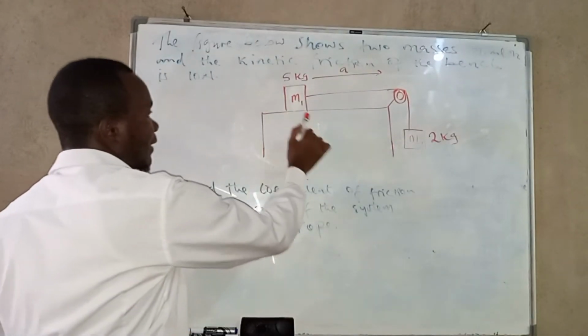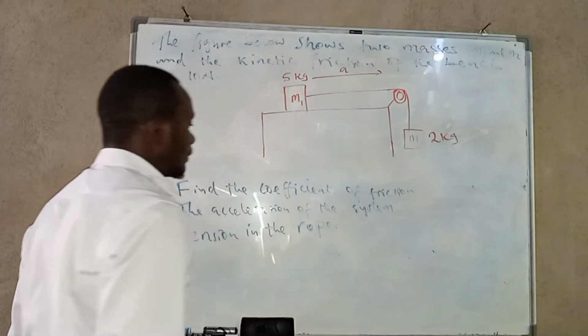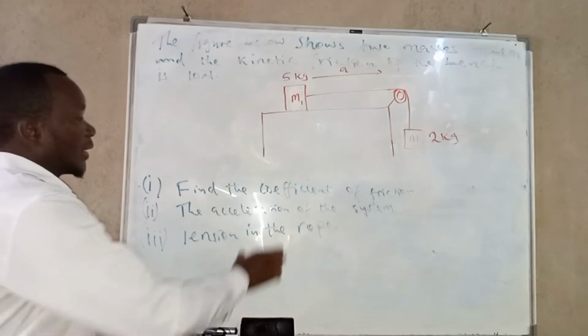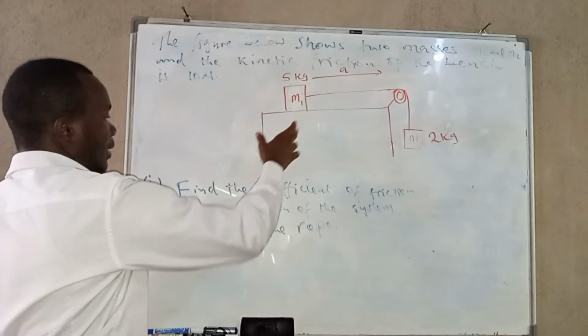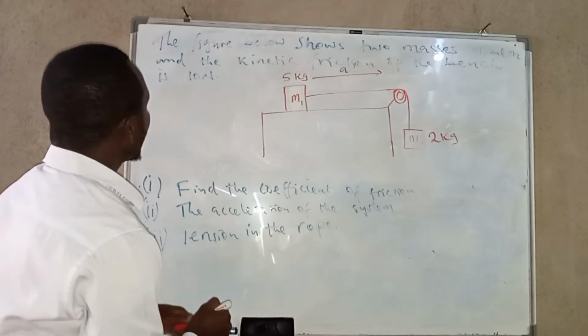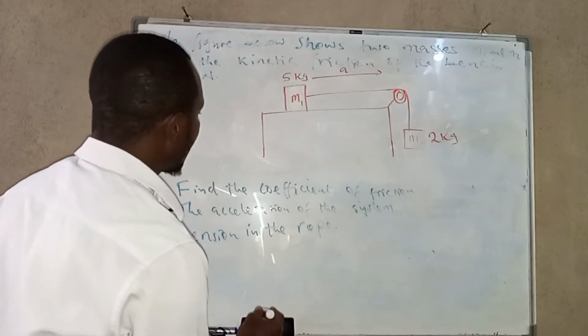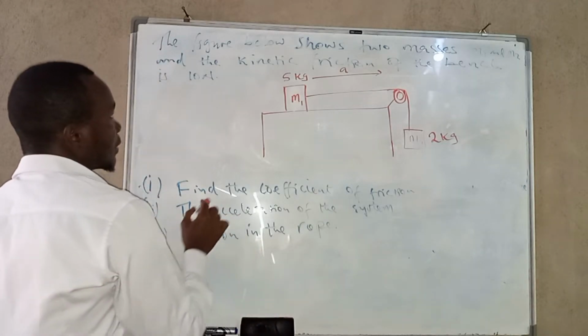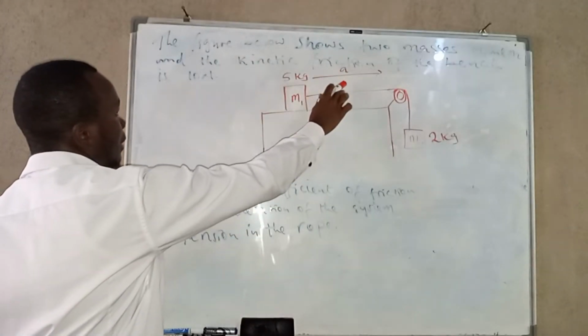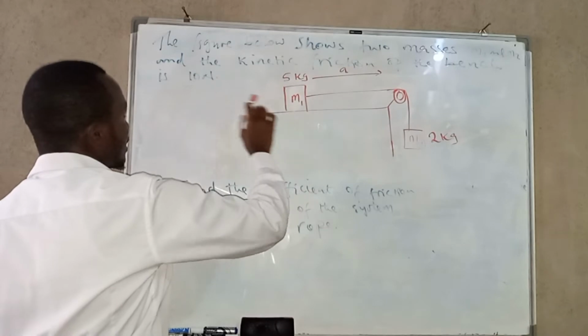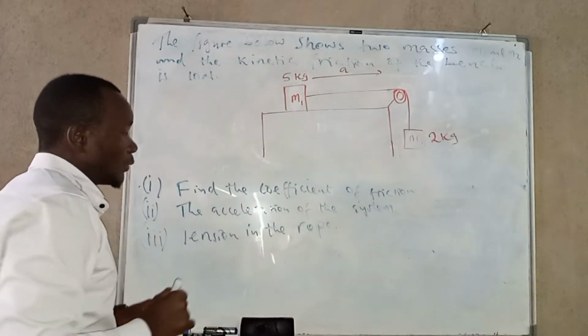This is 5 kg, this is 2 kg. We are told the kinetic friction of the bench is 10 newtons.